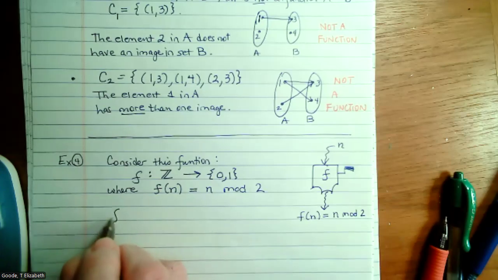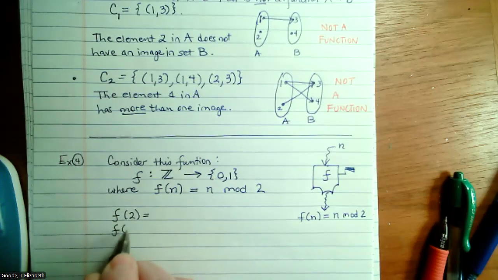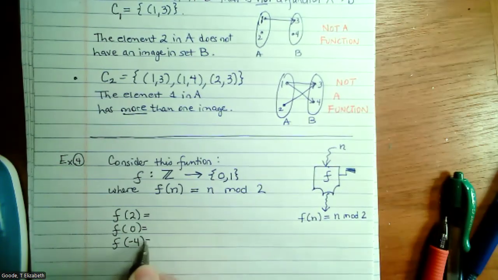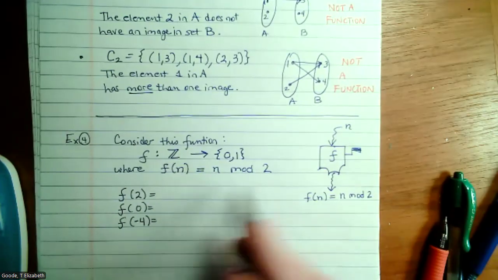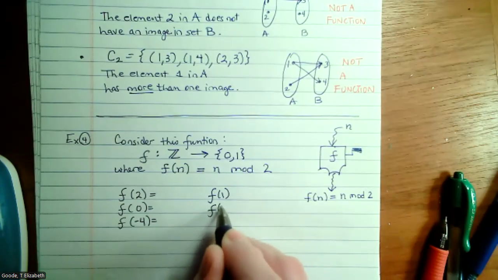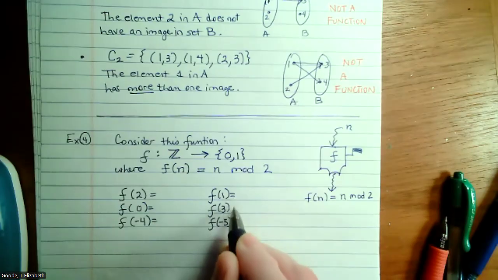So in other words, f of 2 and f of 0 and f of -4 would all be the same value, and f of 1 and f of 3 and f of -5 would all be the same value.